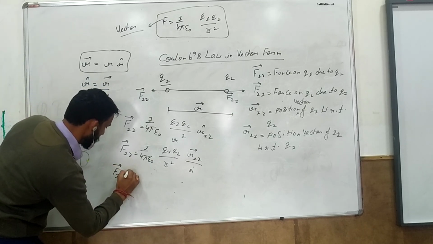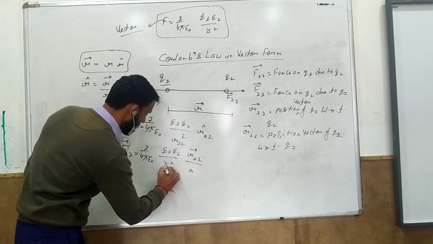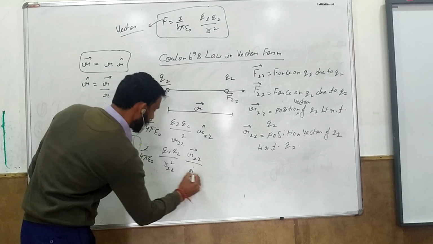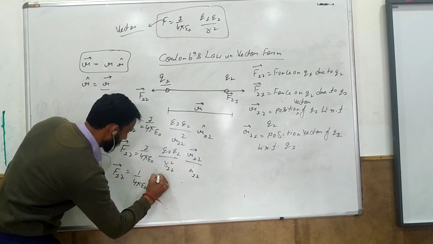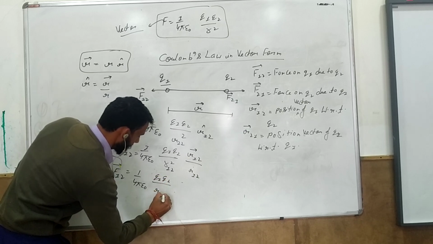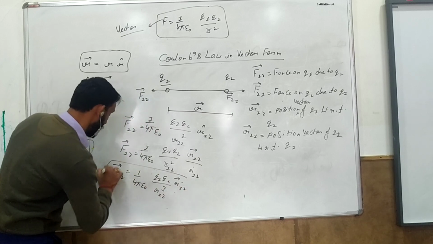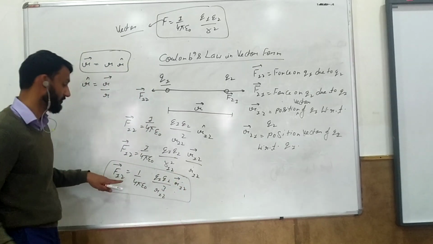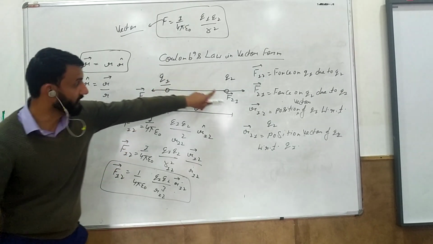F12, actually I should write R12 itself, because this is the magnitude for R12, and then 1 upon 4 pi epsilon naught Q1 Q2 upon R12 cube, and then this vector. So this is the formula for Coulomb's law in vector form, and this will be true for the other force also.